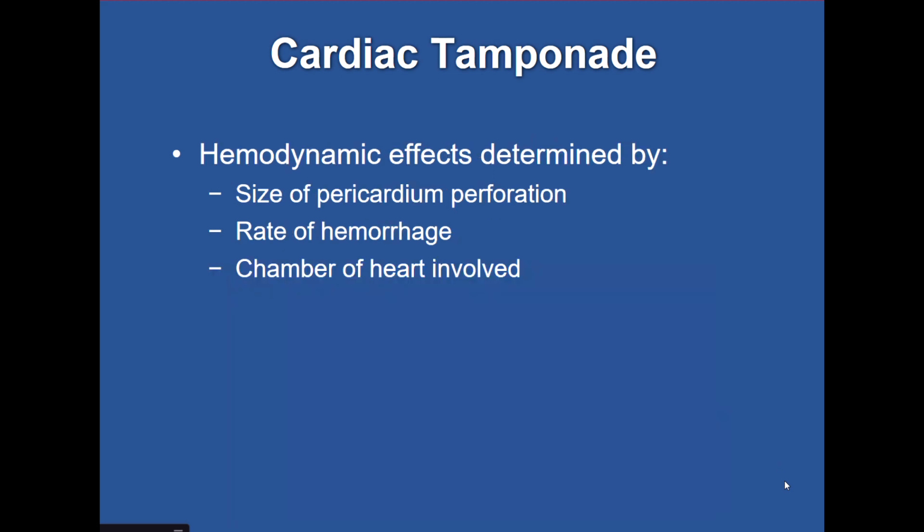So the rate at which this happens, or how unstable they become, is really dependent on how big of a leak there is, right? So how's it leaking? What's able to get in, get out? Is the pericardium itself completely intact? Is there a hole there that the blood is then seeping out of? And what part of the heart was injured?